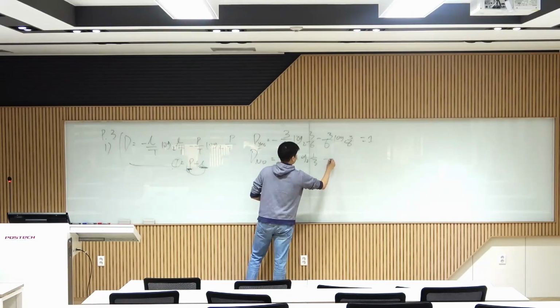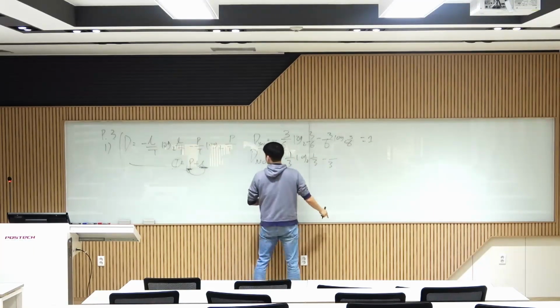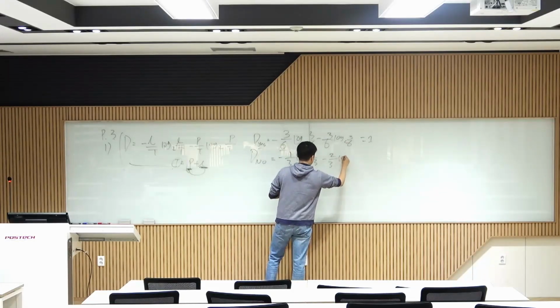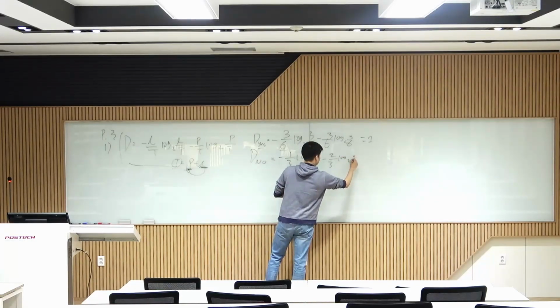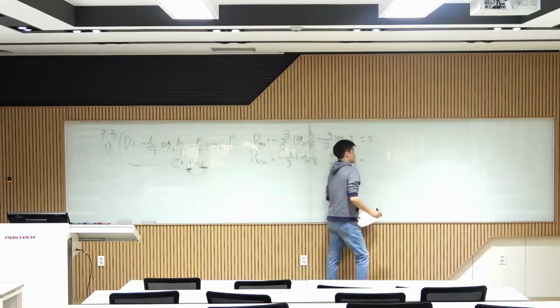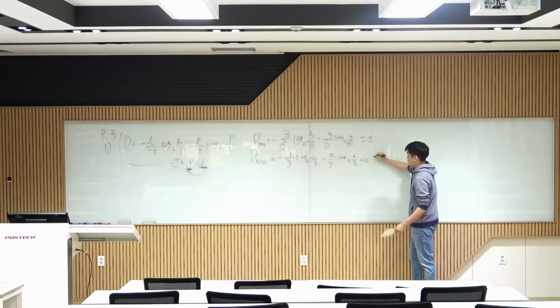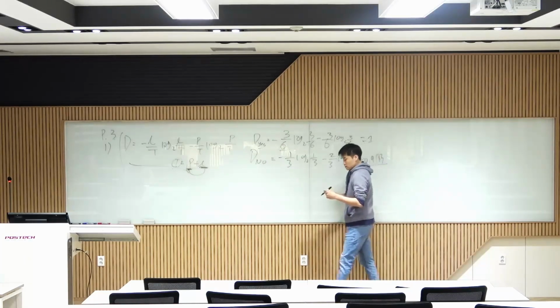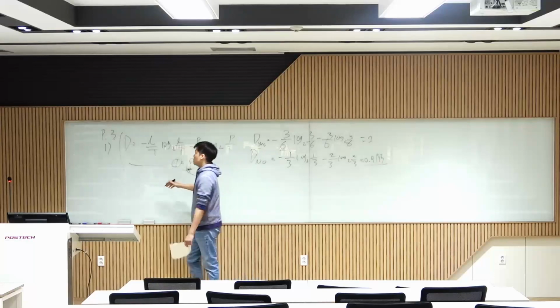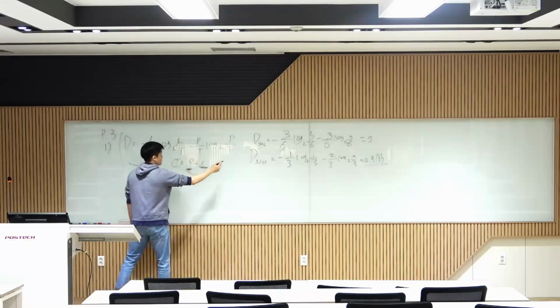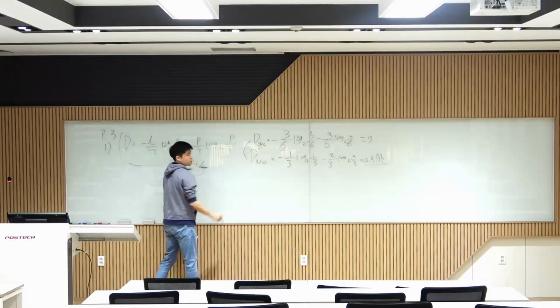And out of 3 no's, there are 2 persons, so we can write 2 over 3, log 2 of 2 over 3. If you use your calculator to compute this equation, you will get 0.9183. So now we've calculated the disorder of attribute 1, okay?